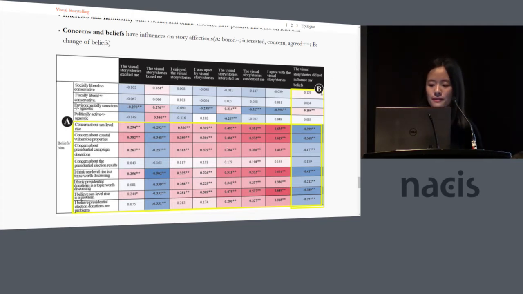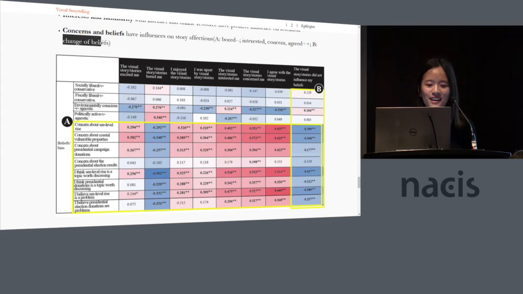And about my second column, the B part, if a reader rates himself a higher score about his concern or interest about the problem itself, he or she will be less likely to not change his beliefs. So this is a little complicated. If he is less likely, the blue column, to not change his belief, it means that he changed his beliefs.